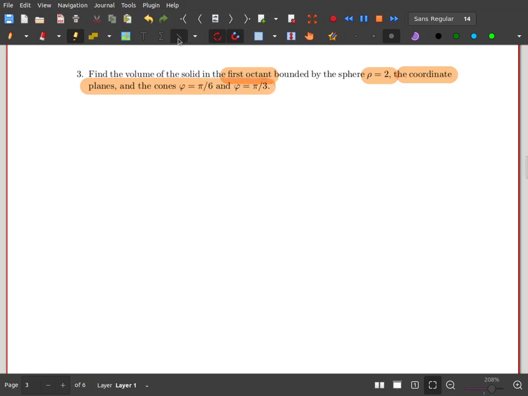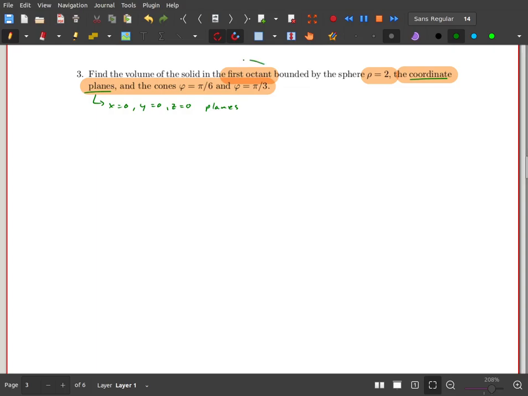By coordinate planes, this means the x equals 0, y equals 0, and z equals 0 planes. Those are the planes that the coordinate planes refer to.